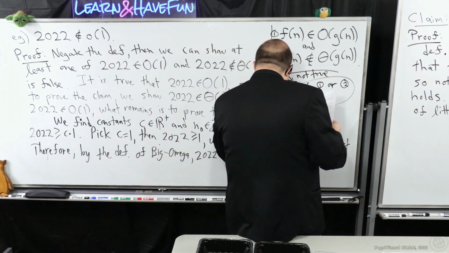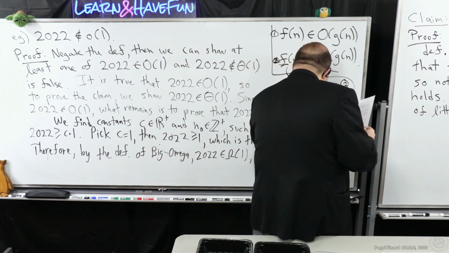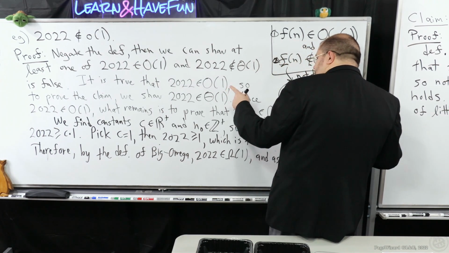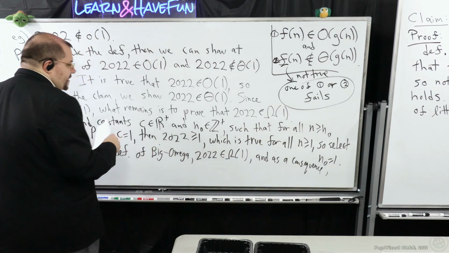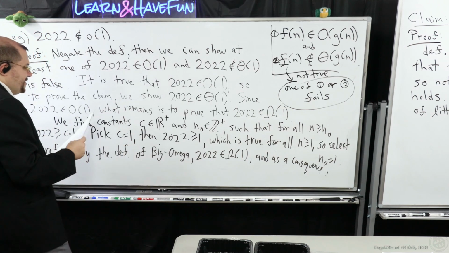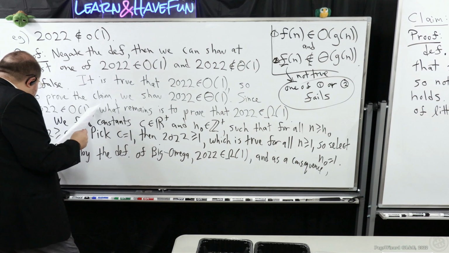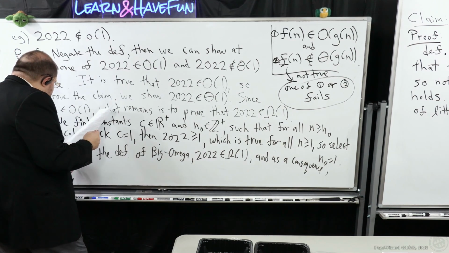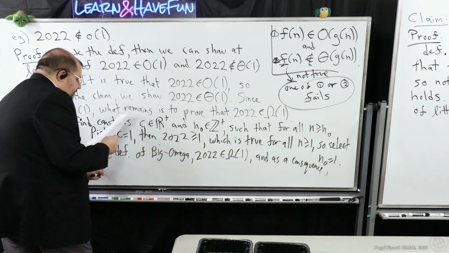And as a consequence of the argument we have above, what does that mean? It means 2022 is not little o of 1. And that completes the proof.